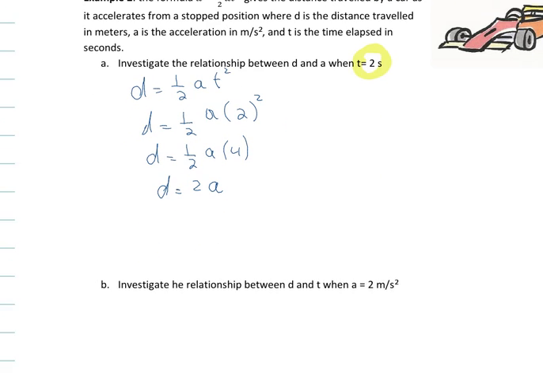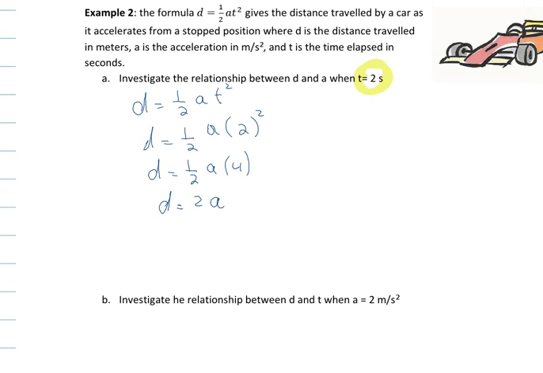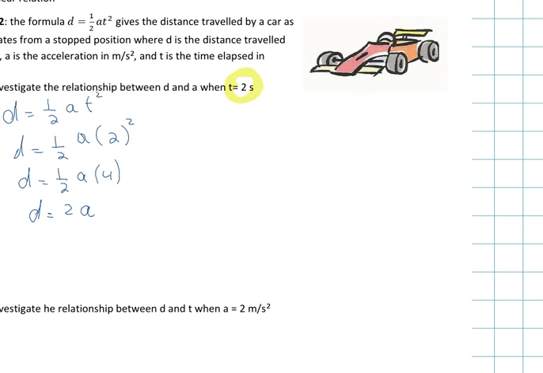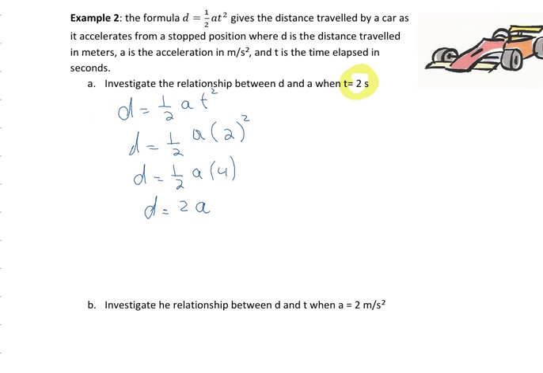Then now my equation only has 2 letters. Only has the letter D and the letter A. Make sense? Because usually in my equations I have Y and X. In this case I have D and A.